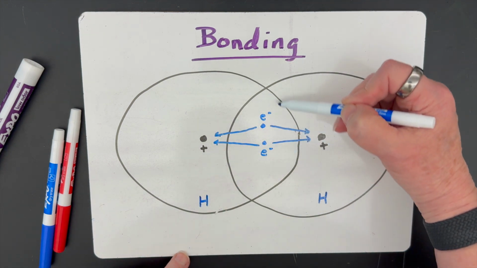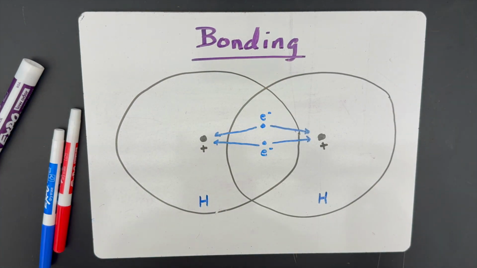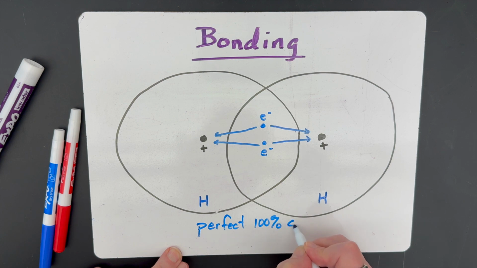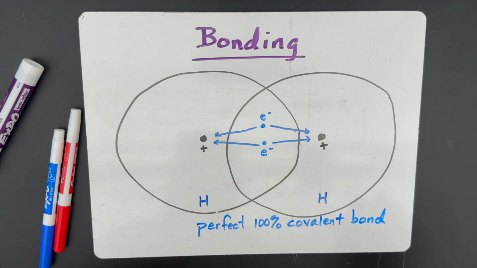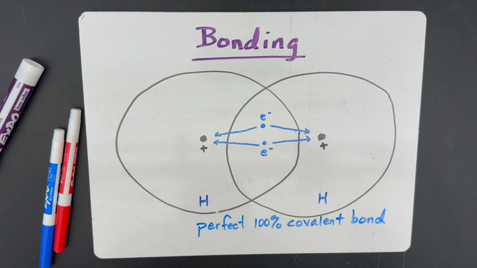So these two electrons are going to be right in the middle between the two nuclei. And this would be a perfect 100% covalent sharing bond. And you only see that when it's atoms of the same element that are bonding together.